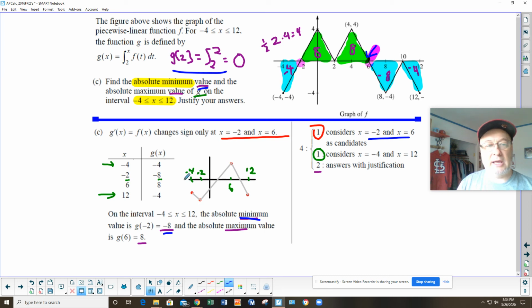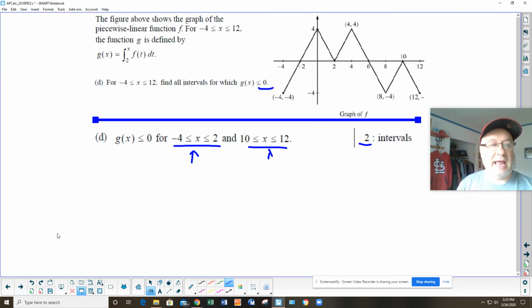So I am looking for when g is negative. This is my quick little sketch of g. I put the dots here. I would have done this much quicker with a pencil by using these values. So at -4, I went down to -4. At -2, I went lower, -8, just plotting all these points. So one more time, what's the question? When is g negative?